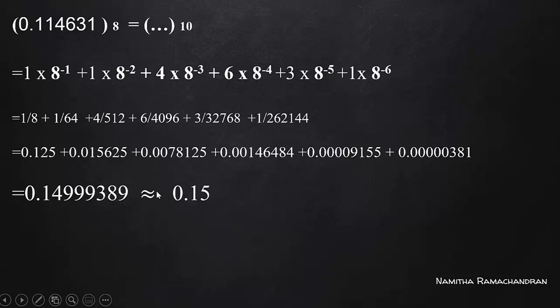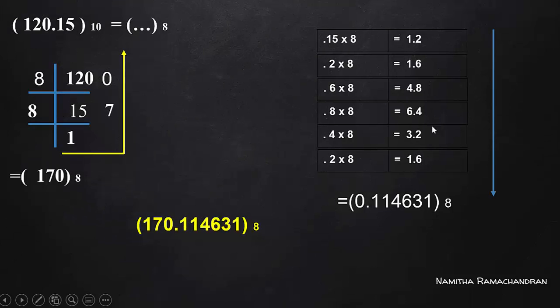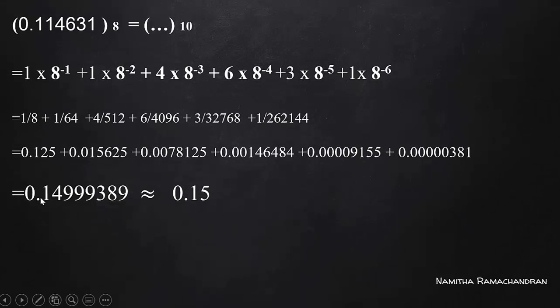So from this it is clear that if we consider this many product values, we get a decimal equivalent of 0.14999389, which is very close to 0.15.